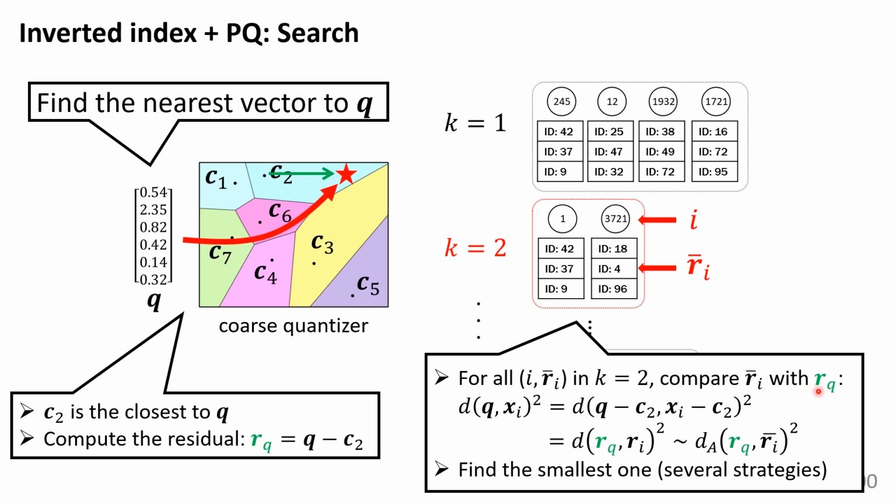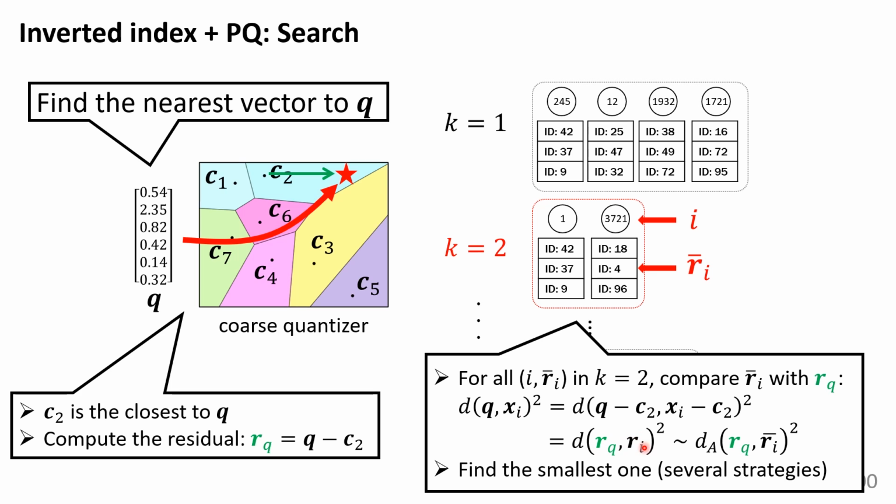That means this one is our final. We want to know this distance between Q and xi, and we can use some simple math. If we subtract C2, which is a constant vector, then it's the same as RQ and Ri. That means the distance between the original vectors is the same as the distance between the residual vectors.